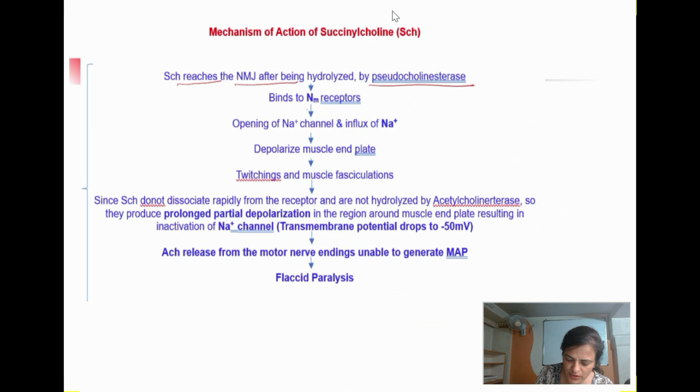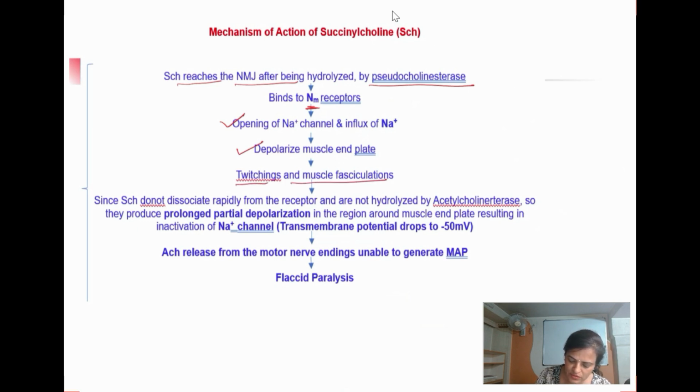Then it binds to the NM receptor, the sodium channel opens with influx of sodium ion, and it causes depolarization. It is not hydrolyzed; it will sit over there. That leads to persistent depolarization, and there will be twitching and muscle contraction.